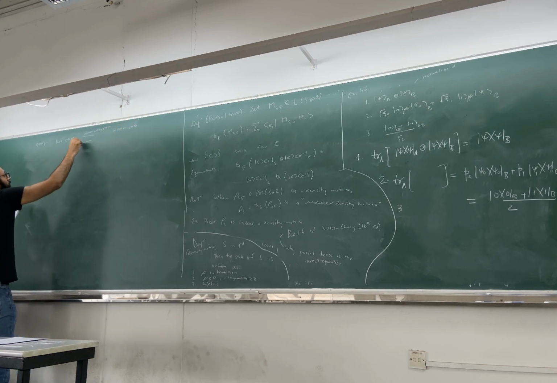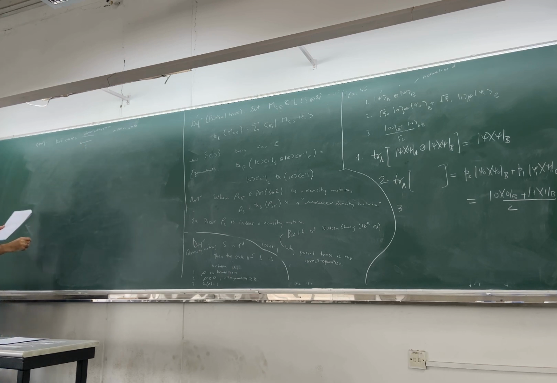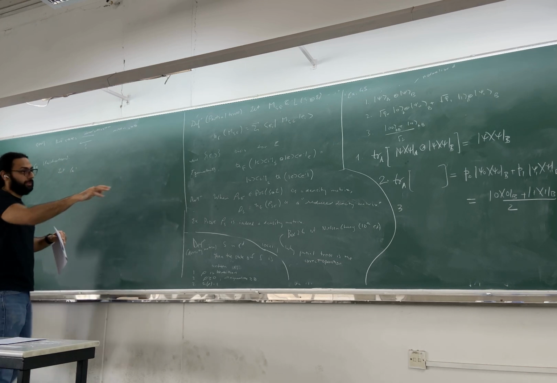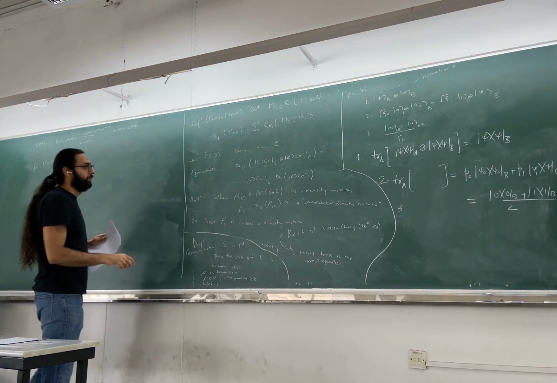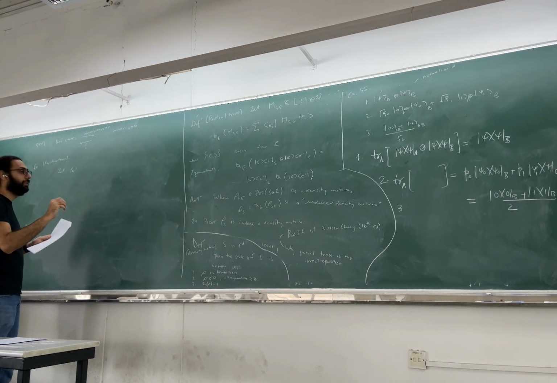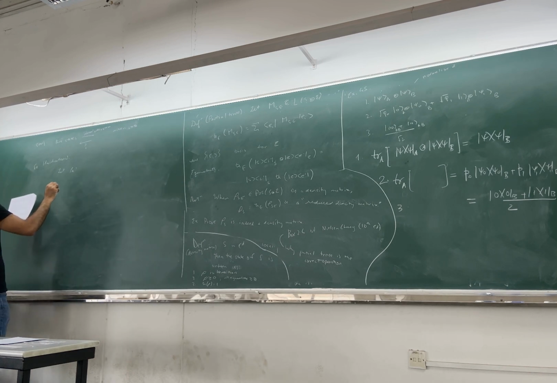You can ask, what about going backwards, right? Okay, so here's another exercise. It's about purifications, almost immediate from the statement over there. I meant the third item in exercise 45.